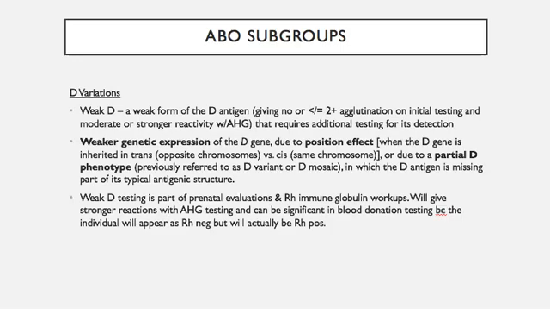This is most important when determining baby's blood type and when testing donor units. If that donor was a weak D person, they're initially going to look like they're D negative, but they're actually D positive, and that blood needs to be labeled as D positive so that it only goes to another D positive person.